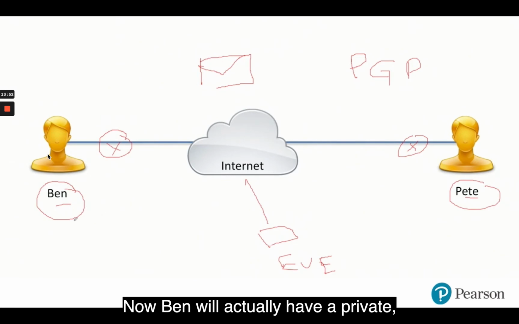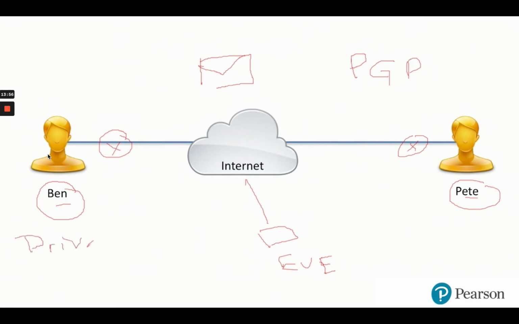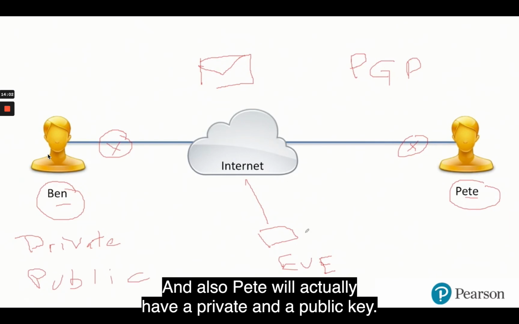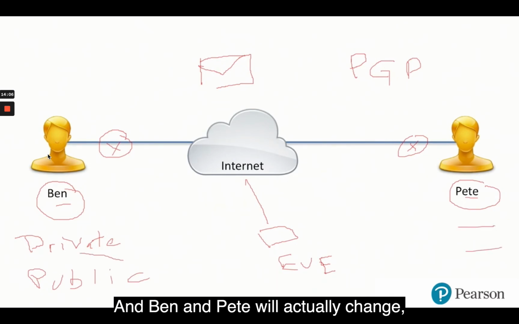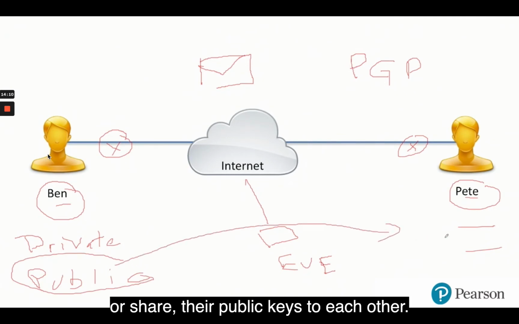Now, Ben will have a private and a public key. And also Pete will have a private and a public key. And Ben and Pete will exchange or share their public keys with each other.